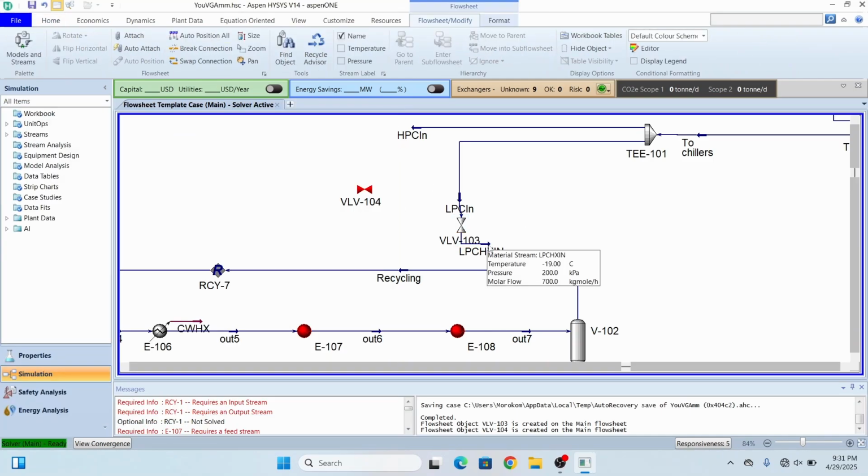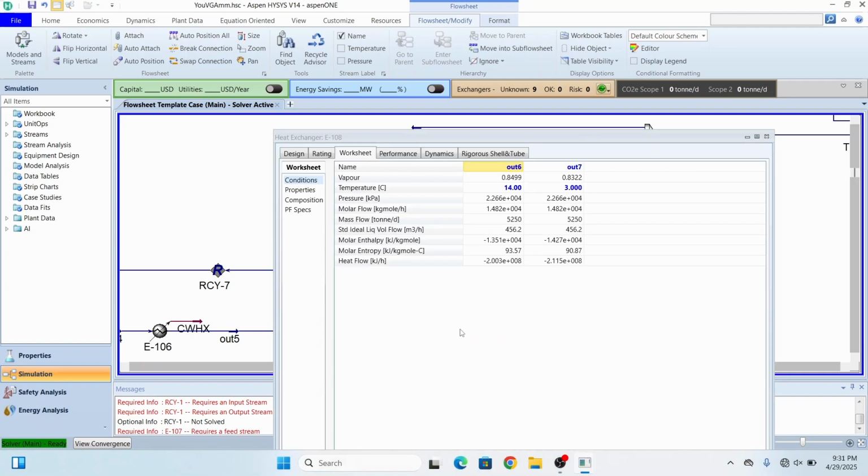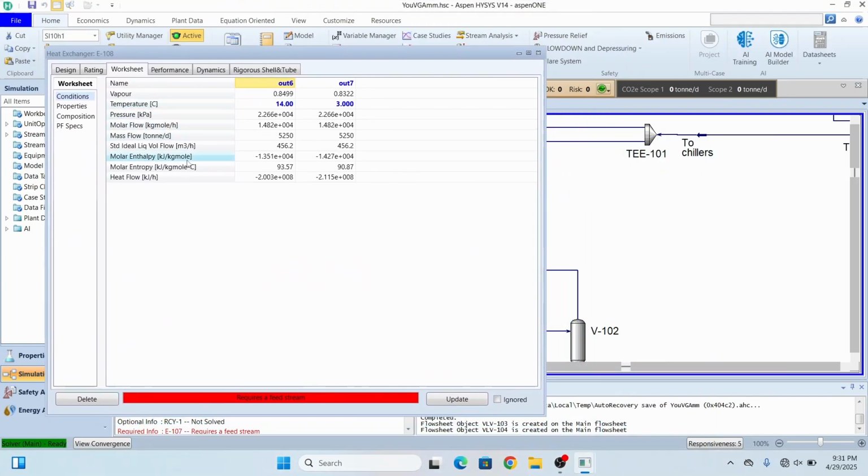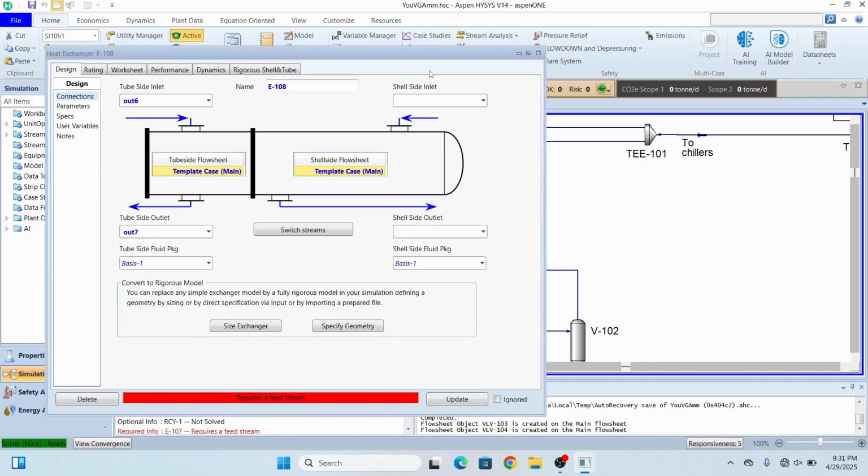Now I will double click on this heat exchanger and go to the design. In the shell, what was my inlet? My inlet is low pressure chiller heat exchanger in, and my outlet will be low pressure chiller heat X out.